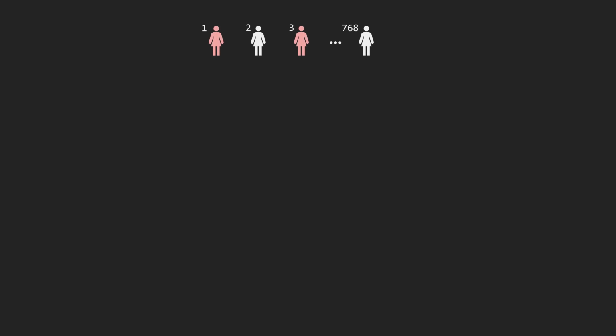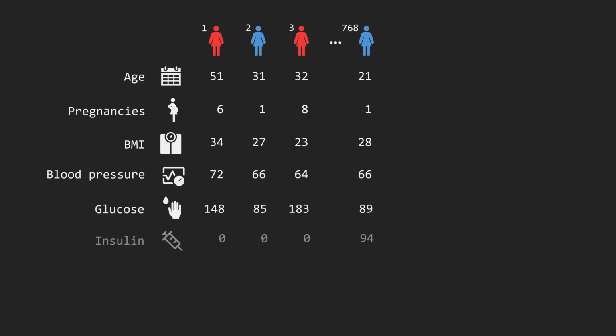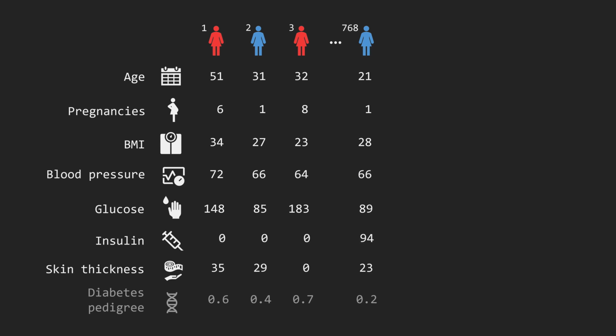Some of them were diagnosed as diabetic and some as non-diabetic. For each patient, 8 numerical features are provided: age, number of pregnancies, body mass index (BMI), and some basic test results like blood pressure, glucose, etc.